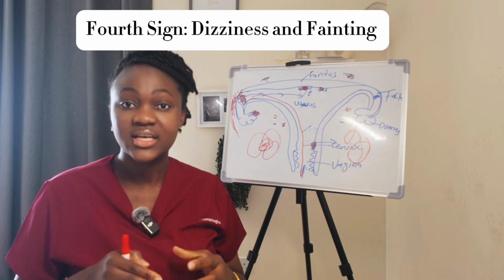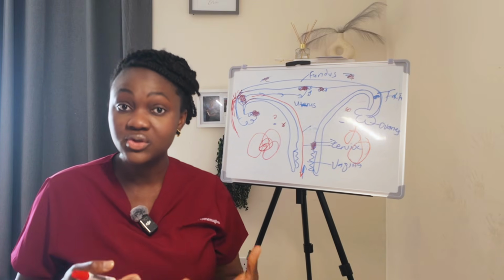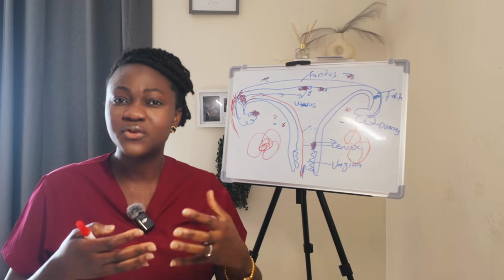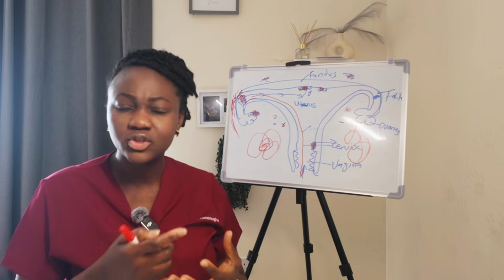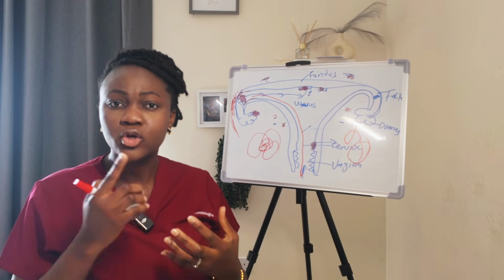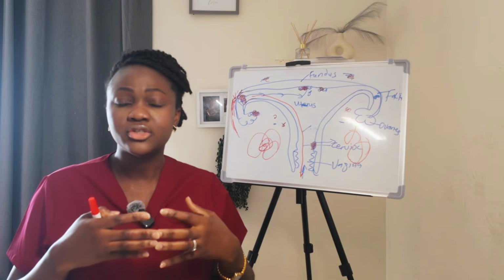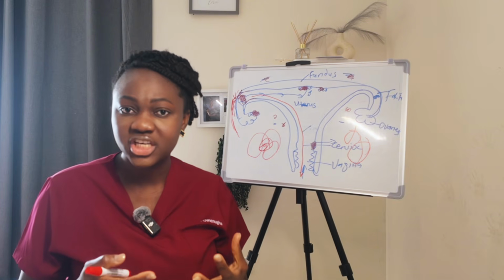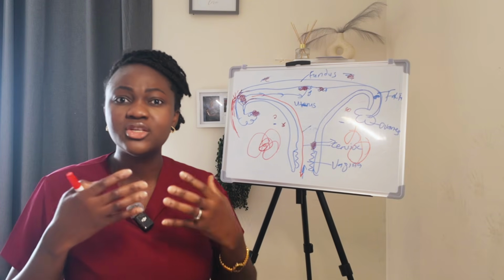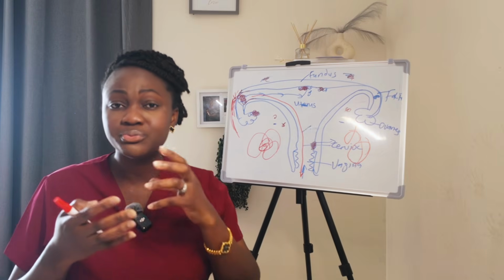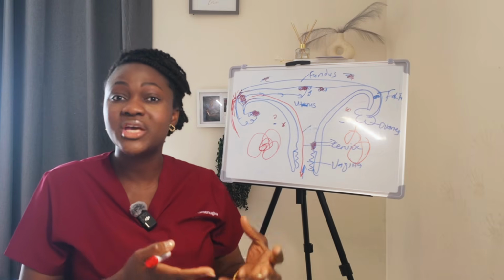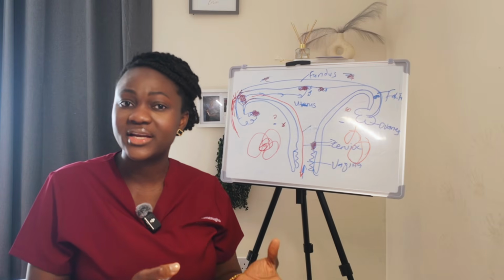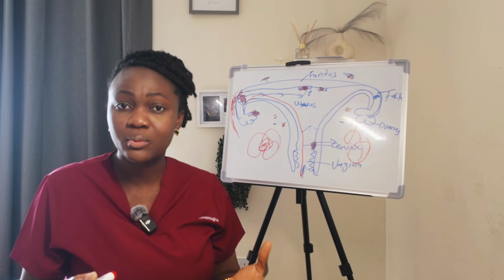Dizziness or fainting. Again, just from the fact that the person is losing blood, the person might always feel dizzy and always feel tired. You always feel that your eyes are spinning, your blood pressure is low, and a lot of people might not remember to even check their blood pressure, but they just realize that they are being so dizzy. Some people would even attribute this dizziness to being a sign of early pregnancy, and they're not seeking help for that.